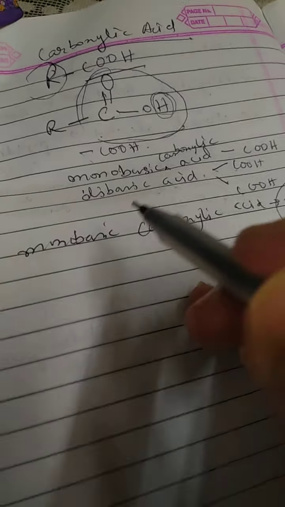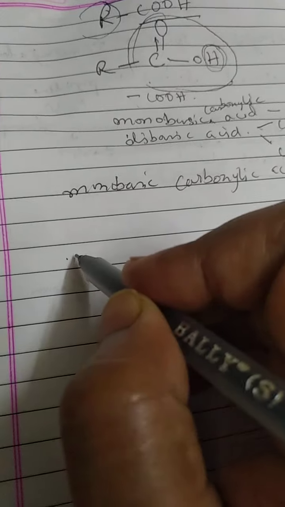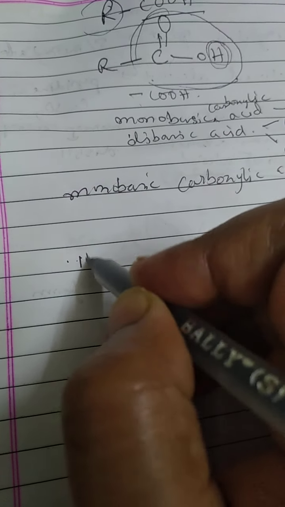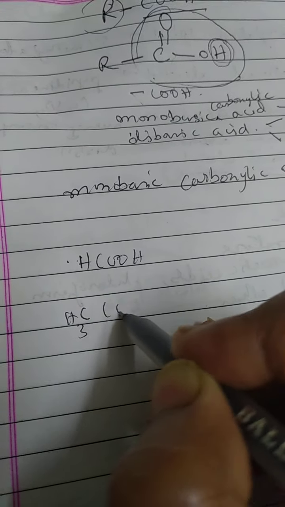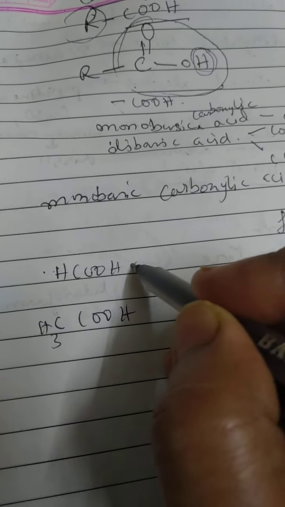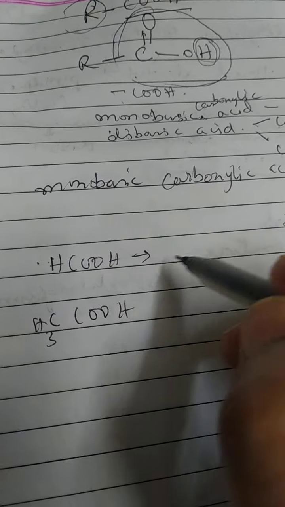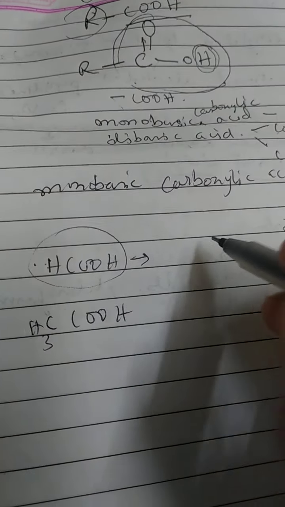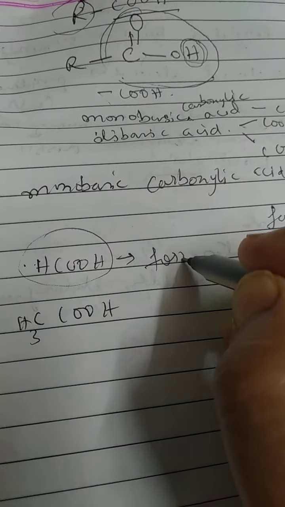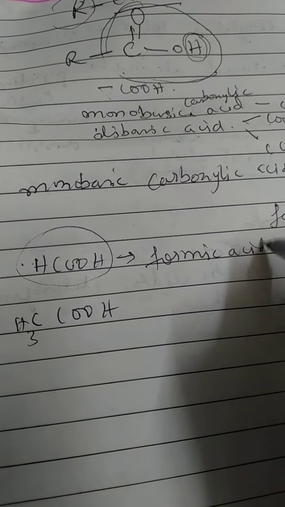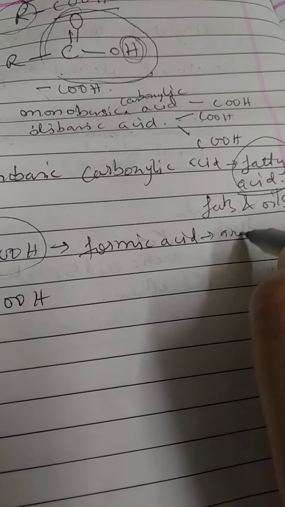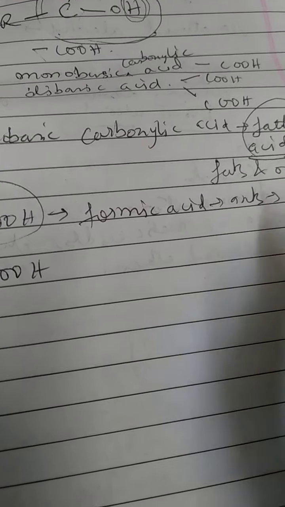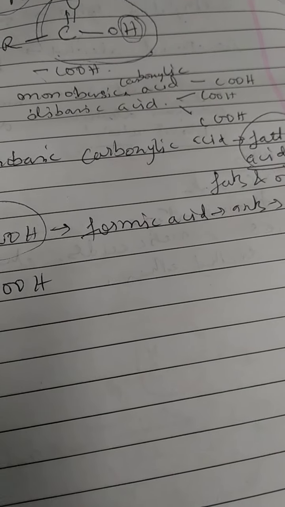Next is the nomenclature. According to the trivial names, the compounds in the lower series, that is HCOOH, then CH3COOH, are named depending on their source. The trivial name is formic acid, because this is present in ants, and ants in Latin are called formica.